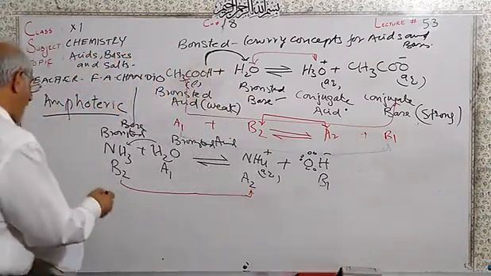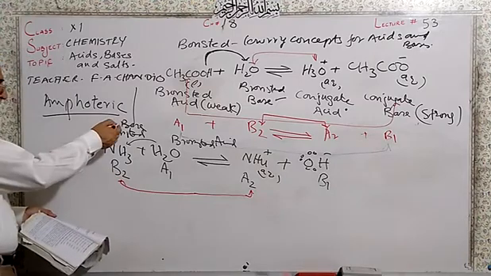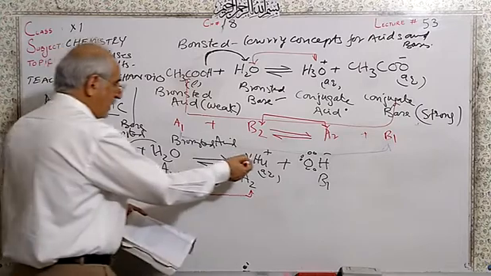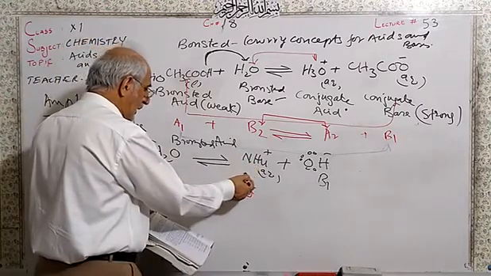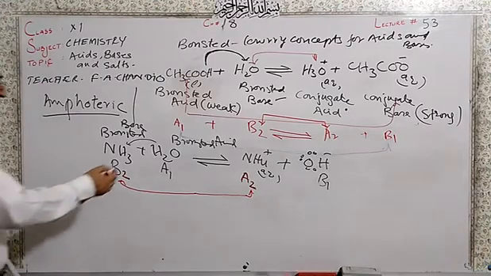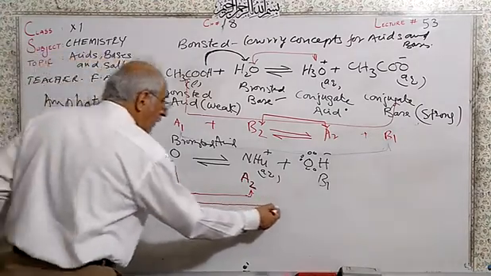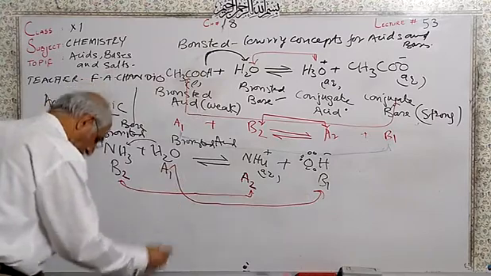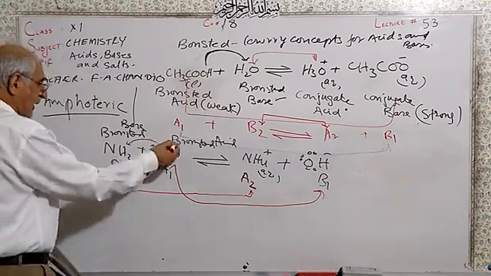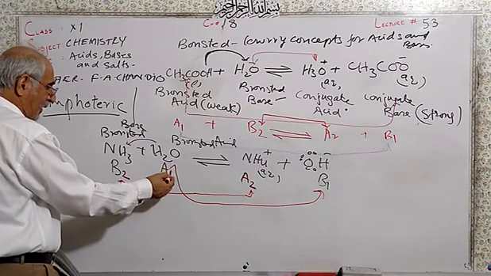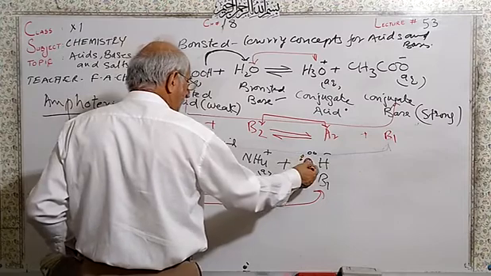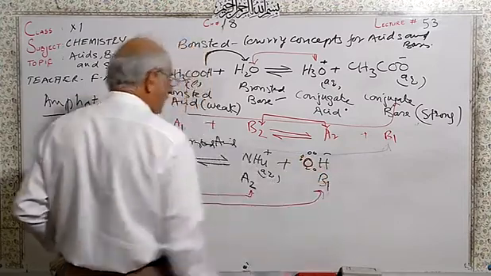Like this one, Brønsted base B2 with the conjugate acid A2, and the Brønsted acid A1 with the conjugate base B1.